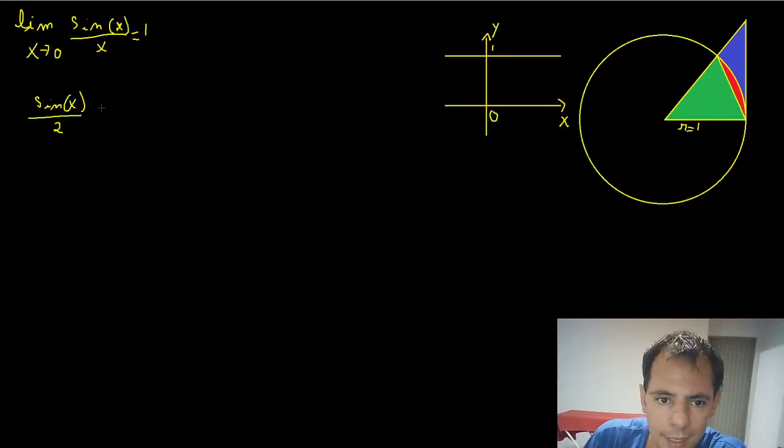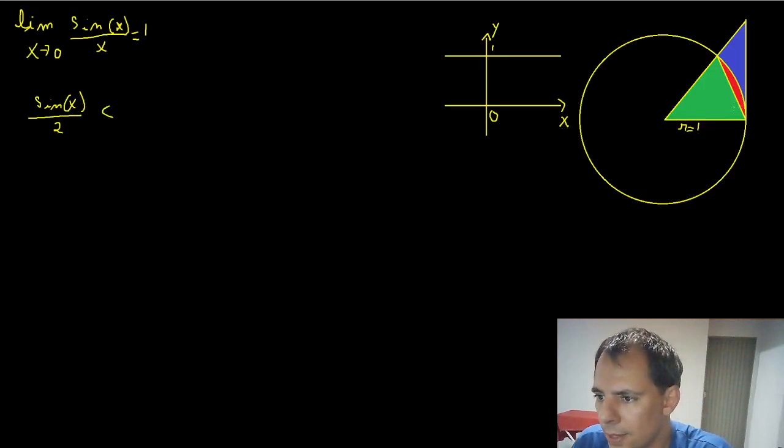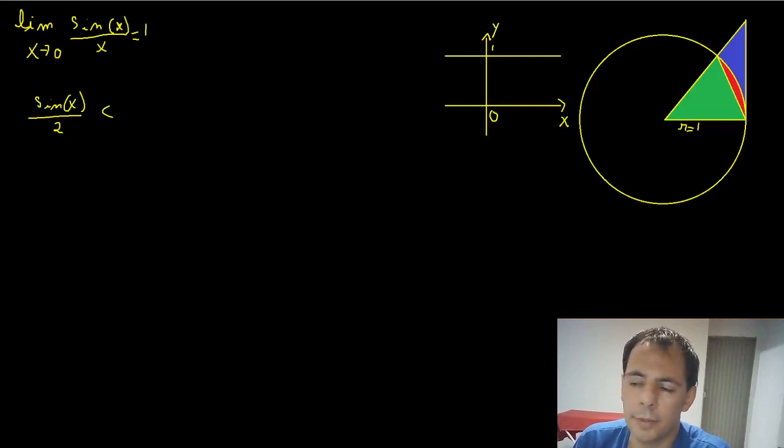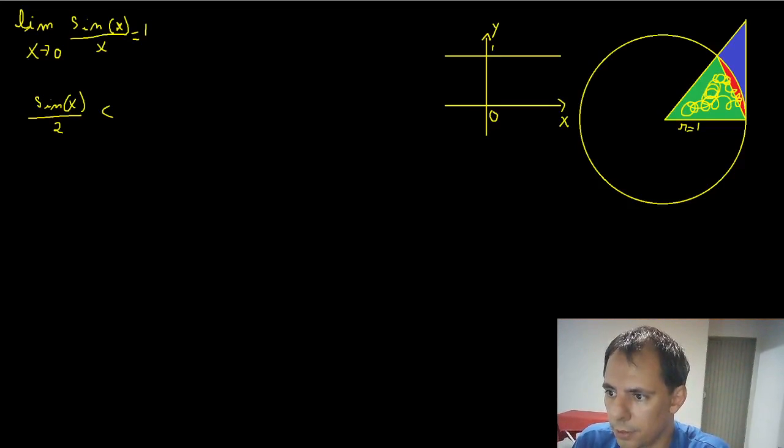This is less than the area of the triangle plus this orange or red area right here. So when you add the green and orange areas, what you have is the area of the sector. So this whole thing in here is the area of this entire sector.